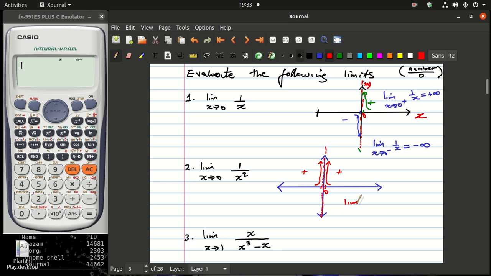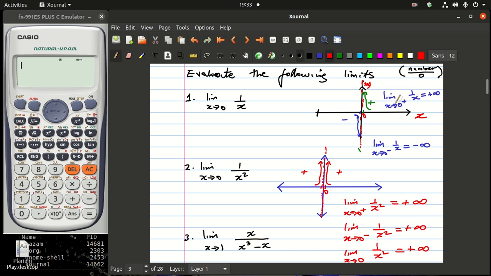So the limit as x approaches 0 on the right of 1 over x squared is going to be positive infinity. And the limit as x approaches 0 on the left of 1 over x squared, because it's still going up, is still positive infinity. So the limit as x approaches 0 of 1 over x squared is going to be positive infinity, because positive infinity and positive infinity, you still have positive infinity.